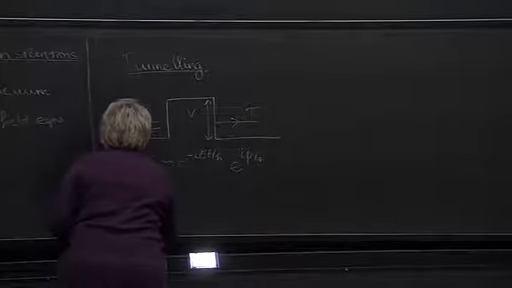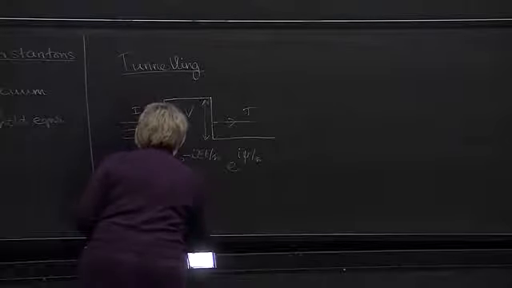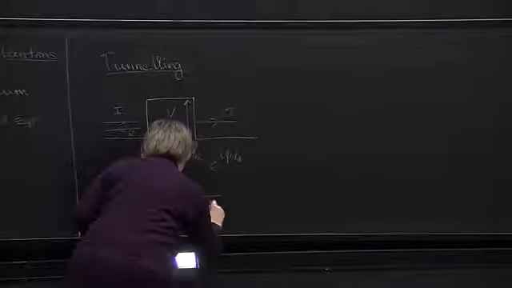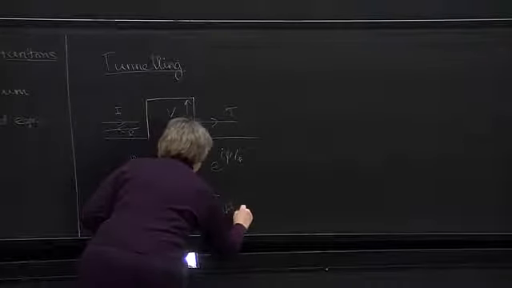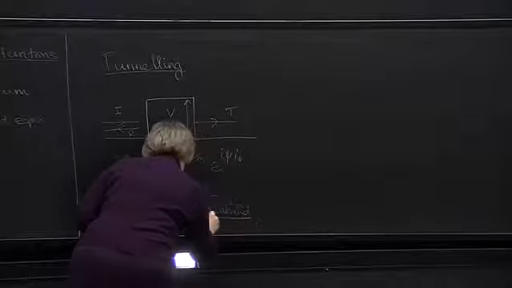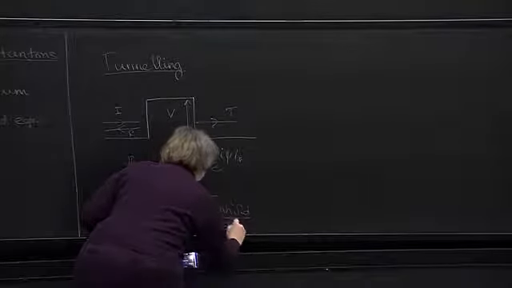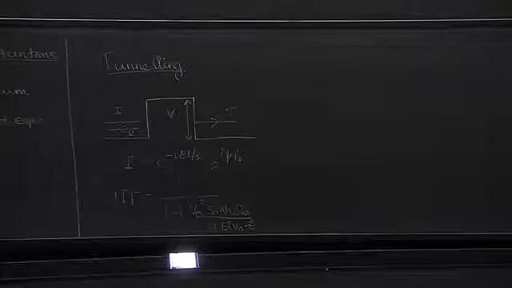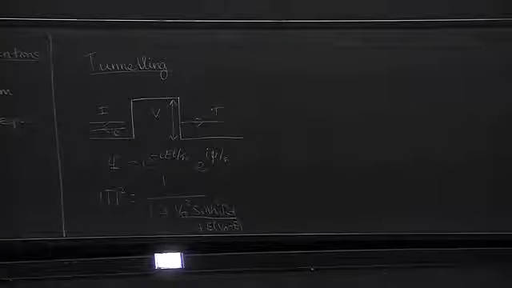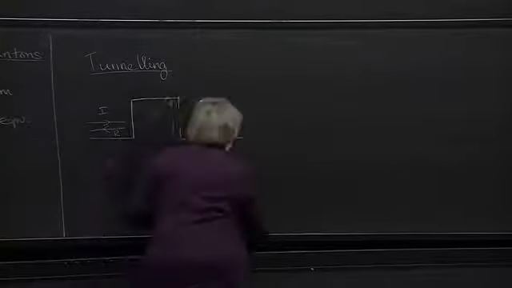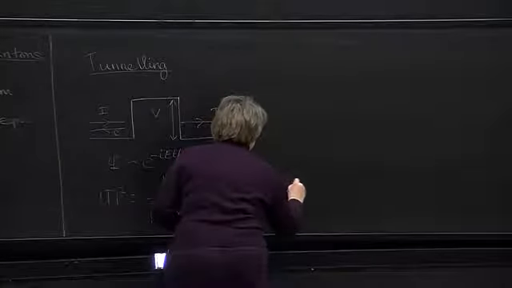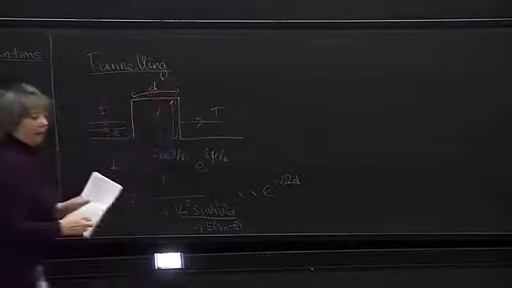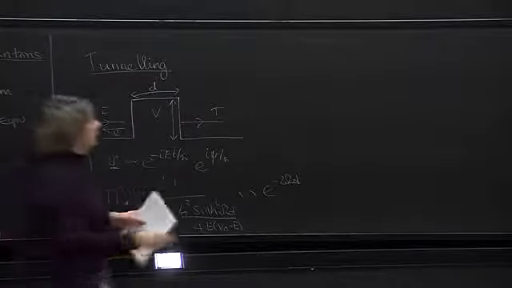So this gives us that our probability for transmission, which we can calculate precisely, has this hyperbolic sine in it, and this is the width of the barrier, it's dominated by an exponential.